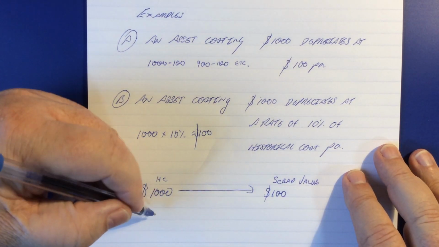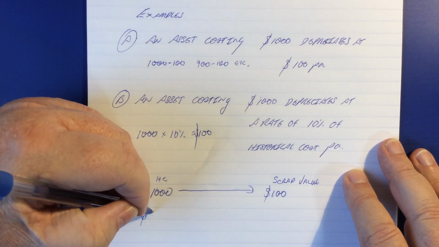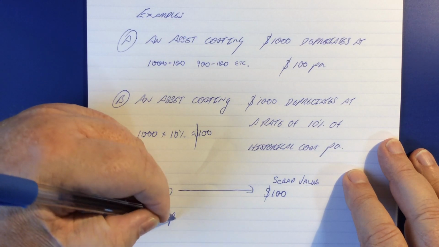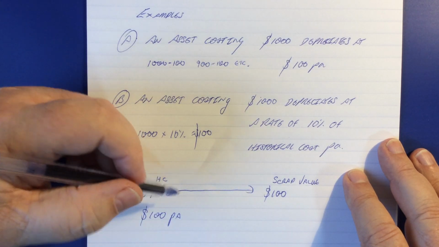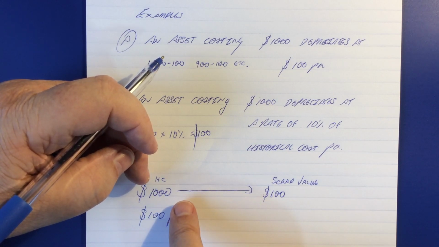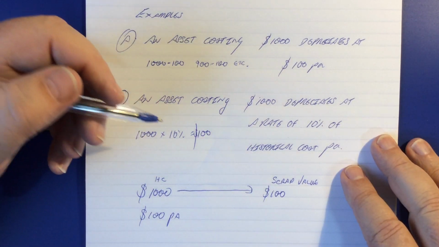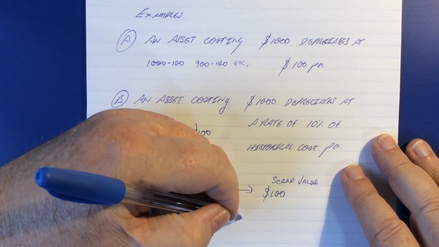Now, if we decide that the depreciation will be $100 per annum, then we can map out what the depreciation of this will look like. It can be written as an equation.